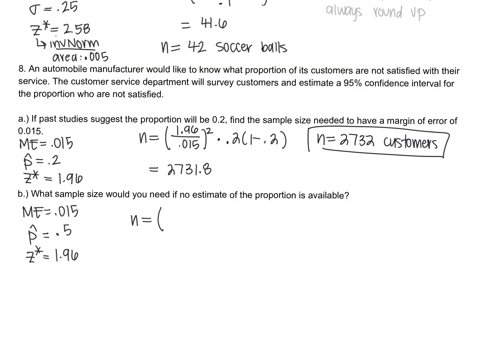So the first part of our formula doesn't change, 1.96 over 0.015 squared. But now it's times 0.5 times 1 minus 0.5, which gives us 4268.4, which I'm still going to round up, and it's going to become 4269.